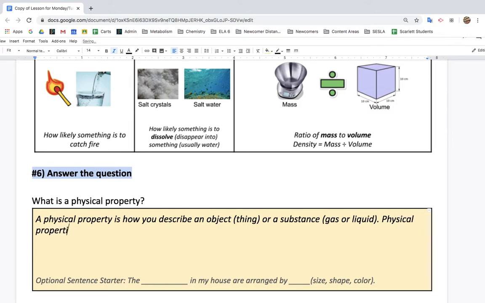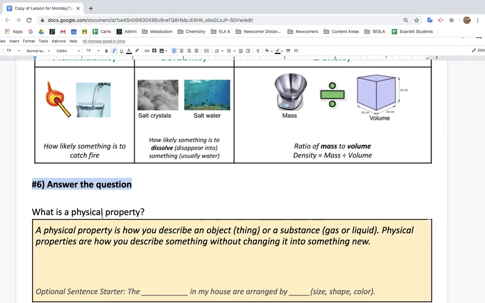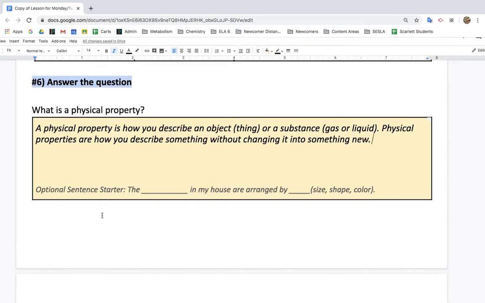Physical properties are how you describe something without changing it into something new. So for example, if I burn my wood, that's a chemical property because now my wood isn't wood anymore. So physical properties are just how we describe something without changing it.